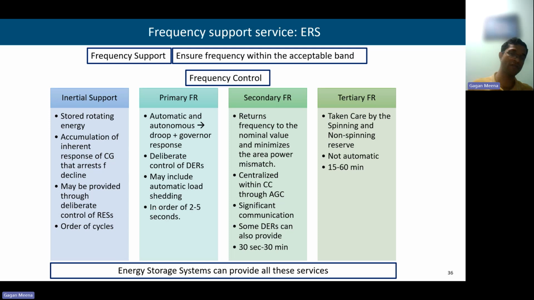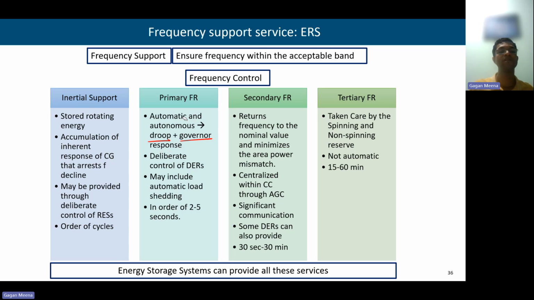And its time of operation is within 2 to 5 seconds. The main thing is it is automatic and based upon the governor response, and it's possible in DERs as well. And it is in seconds. This was in cycles, that means milliseconds. Here it is in the order of seconds.